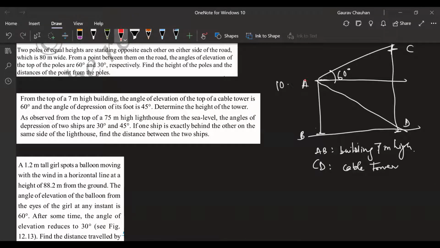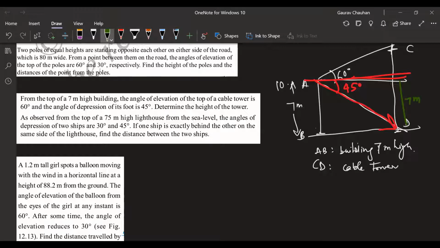Now you see here the horizontal is this, and my line of sight when I'm standing at the top of the building and looking at the foot is this. So this is my 45 degrees. Now we know this height is 7 meter. You have to find the height of the tower. It's a very easy question if you have got the diagram.